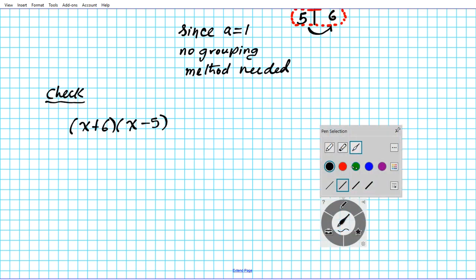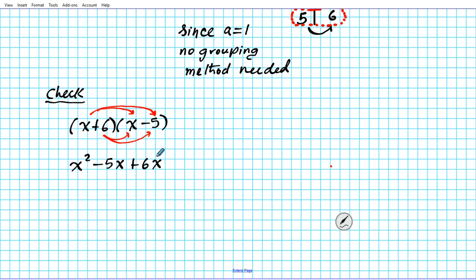Just distribute x to both, and then 6 to both. If we expand it, we're going to have x times x is x squared. x times negative 5 is negative 5x. 6 times x is plus 6x. Positive 6 times negative 5 is negative 30.